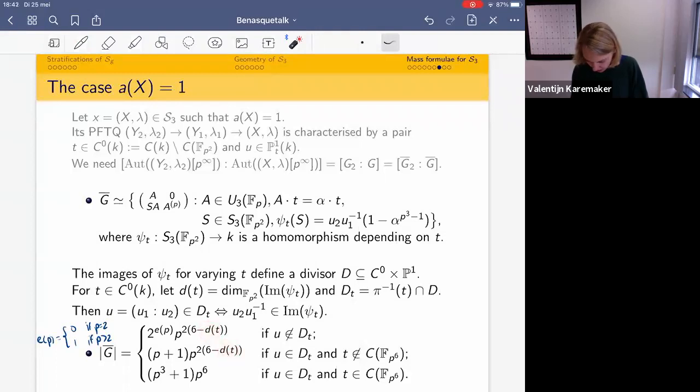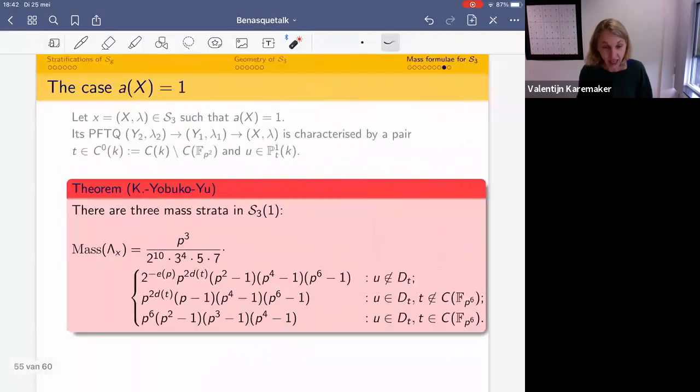So this term here is the dimension of the kernel, or the size of the kernel of psi_t. And again, now we are done, because we know the super special mass that we start with. We want to compute the comparison factor, but we know the cardinality of G2 bar, and we know the cardinality of G bar. So again, we just put everything together and see what we get in the end.